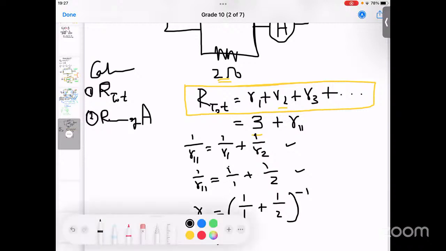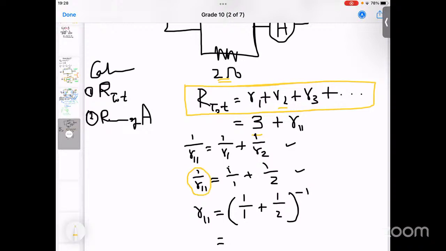So that -1, what it does, can you see this part? It's 1 over, but we don't want 1 over, we just want that R. So to remove that 1 over, you do that. For now, understand it as I've explained.